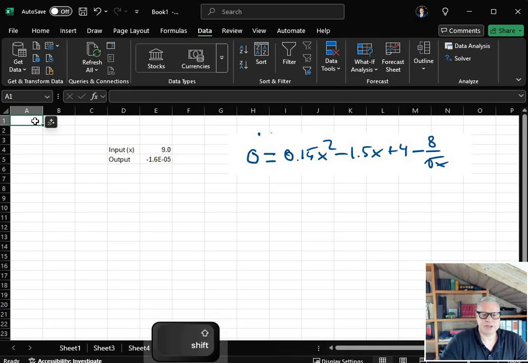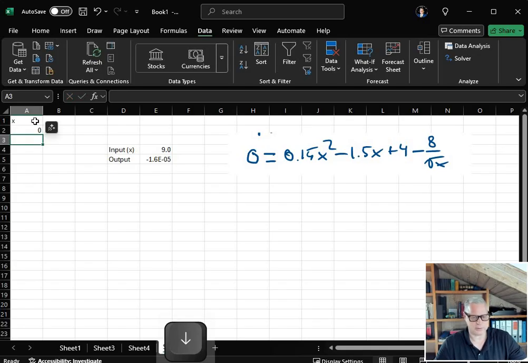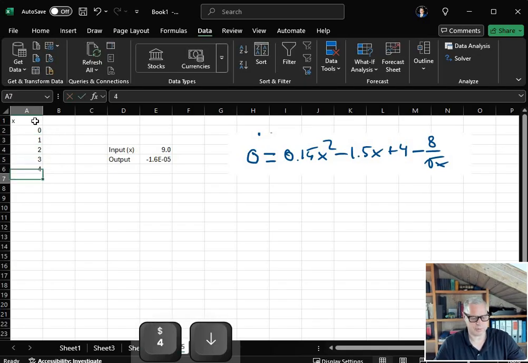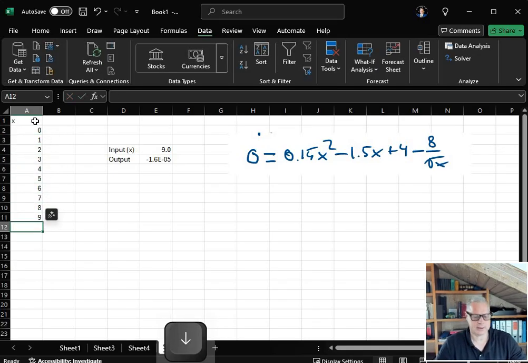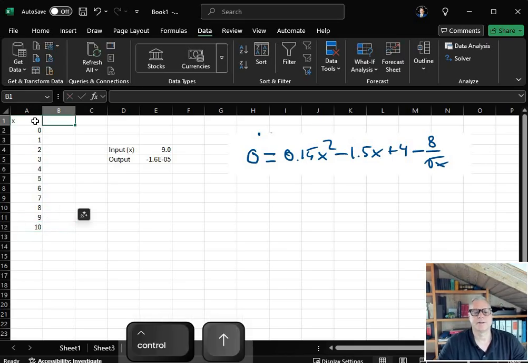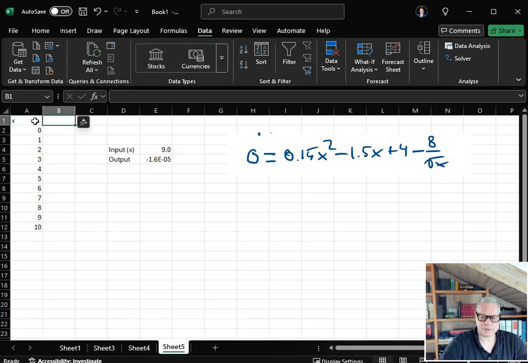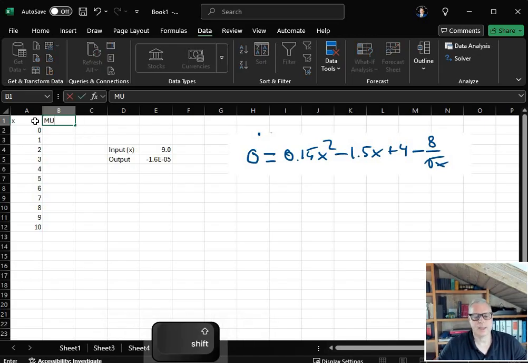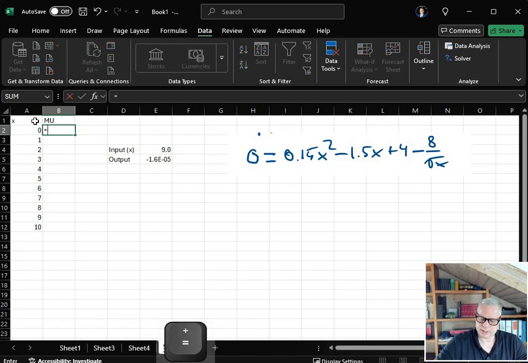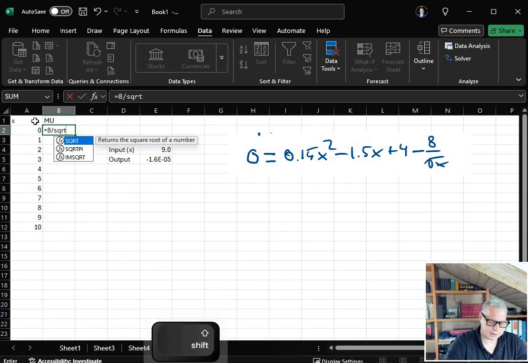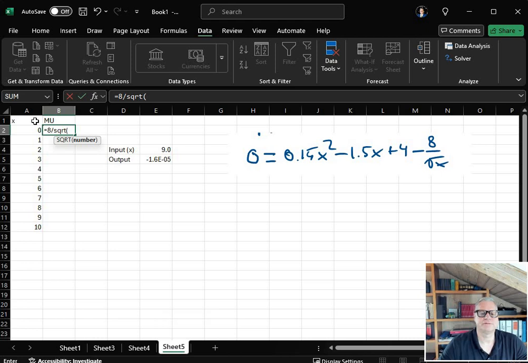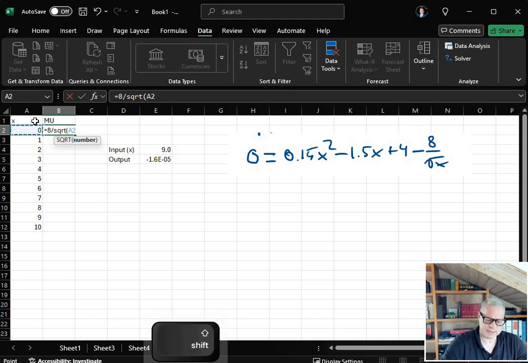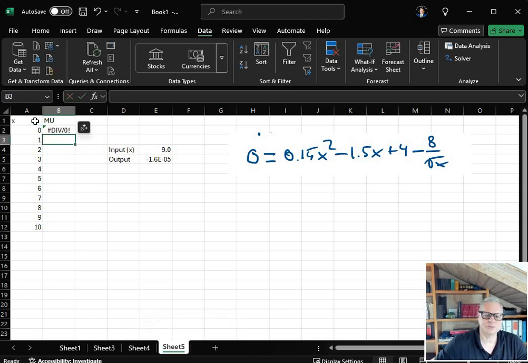First I create again a column from 0 to, let's say, 10: 1, 2, 3, 4, 5, 6, 7, 8, 9, 10. And we have to take a look at the marginal utility. We said the marginal utility was 8 divided by the square root of x. And now we get again an error message, but it's not a big deal.